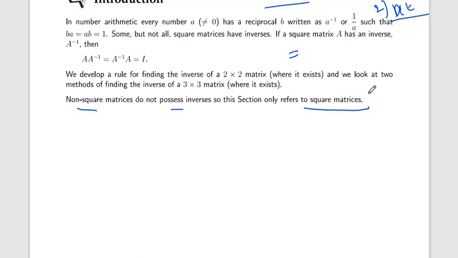Only a square matrix has an inverse. The identity matrix is also a square matrix. So we can find the inverse only for square matrices, not for a 2 by 3 matrix or a 3 by 2 matrix.